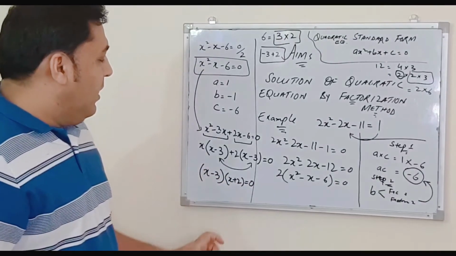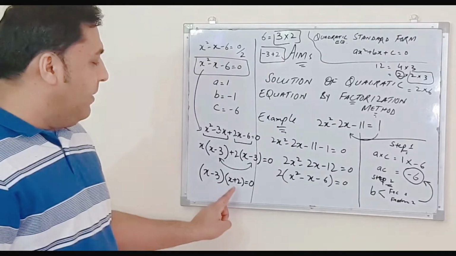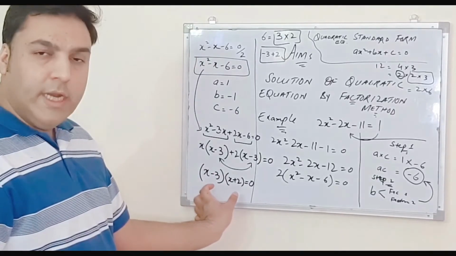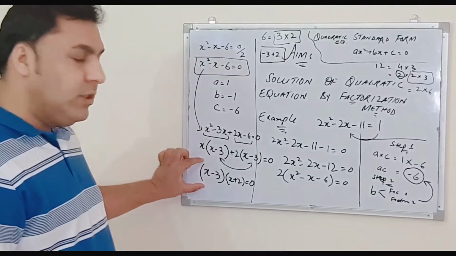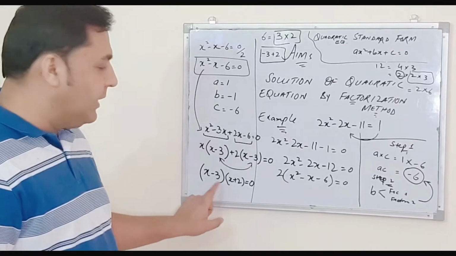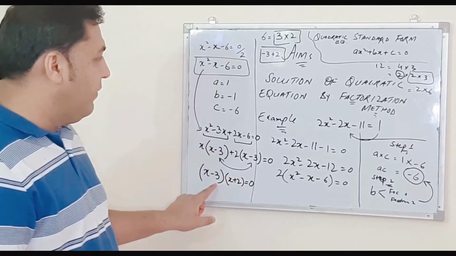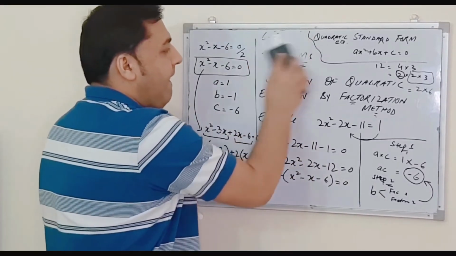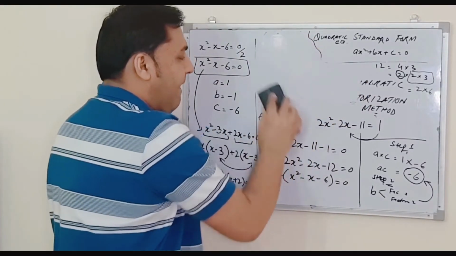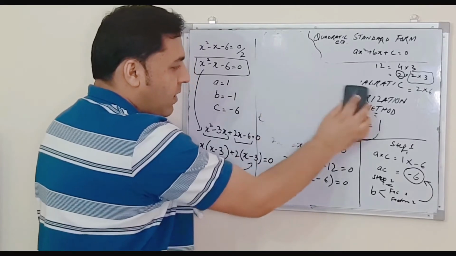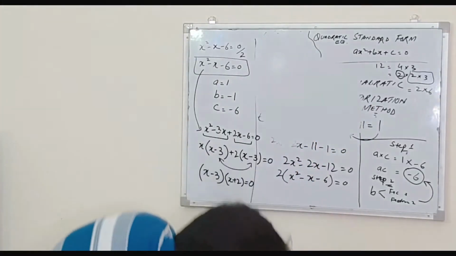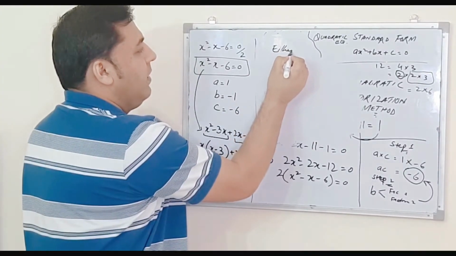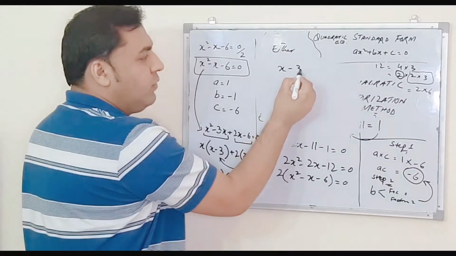Now this is in the form of a times b equal to 0. If the product of two terms is 0, either this term is 0 or this term is 0. So we will say either x minus 3 equal to 0.